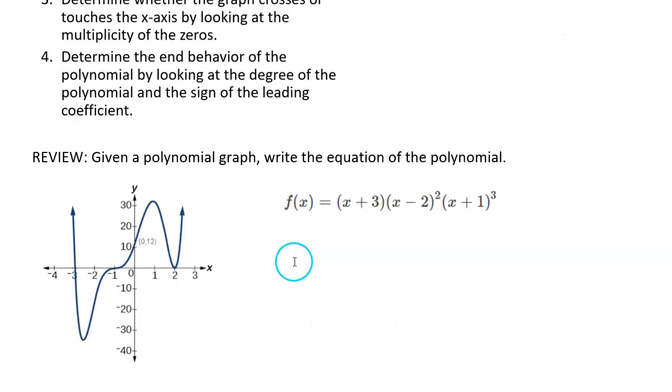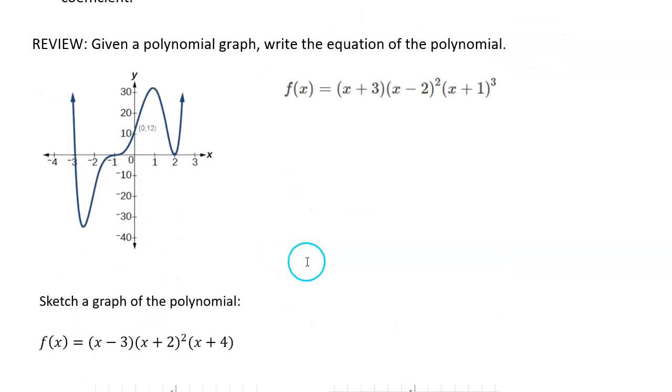So let's go down here and do a quick review, because what we've covered in the past is a situation where we gave you the graph and you had to find the equation. We do not know our a value when we start the problem, so you put an a in there, and then it's x minus your root.